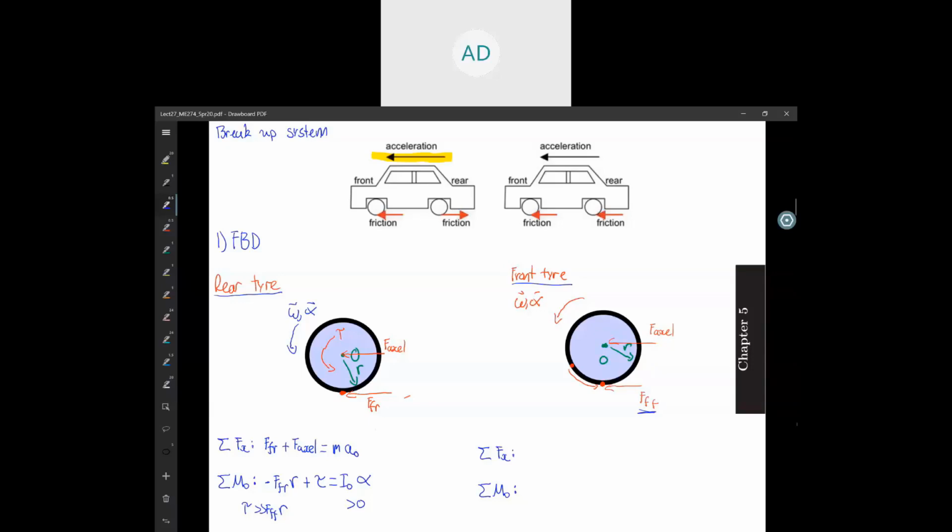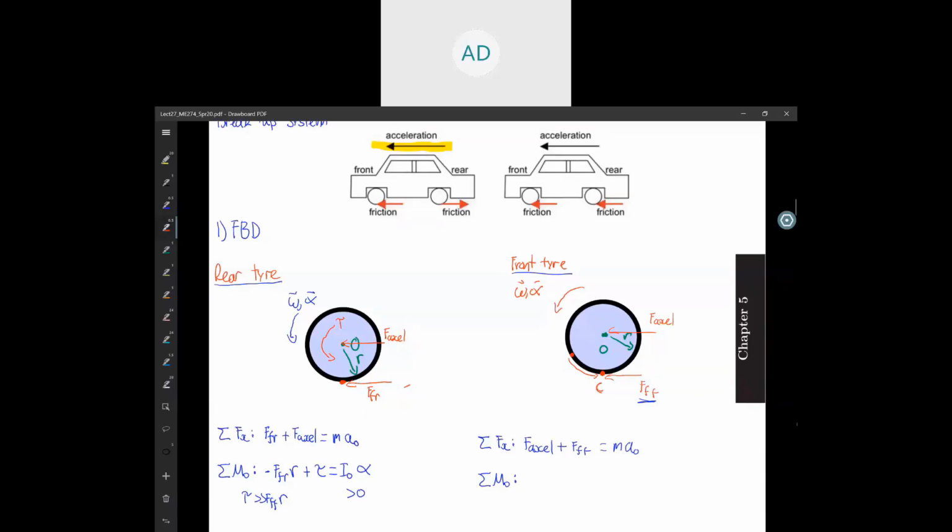Okay, so for the summation of forces in the x direction, we have the force from the axle. We say that this is to the left, and let's assume left is positive. And now we have also the force of friction in the same direction, and this is going to be equal to the mass times acceleration of the center of gravity of the tire.